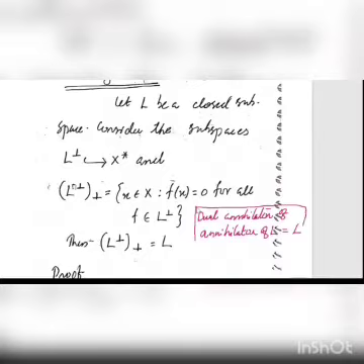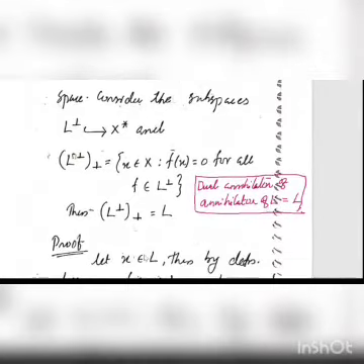Dual annihilator of L is L. So we want to prove this. See, these two are going to be two sets. So we will prove one is a subset of another. So for that, first you will prove L is contained in the dual annihilator of the annihilator of L.